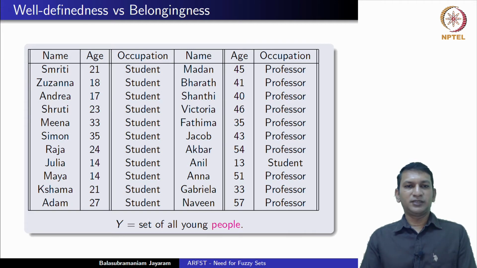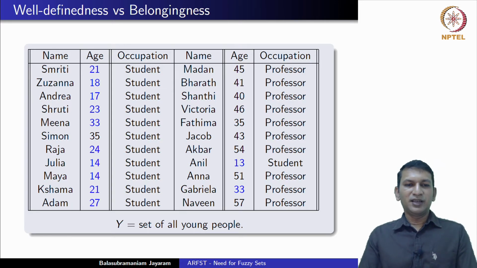Let us for a moment assume that all those whose ages have not touched 35 are young. So we put a hard threshold here. So strictly less than 35, we would call them young for the moment. So if you were to apply this criterion, then these are the people who could be called young.